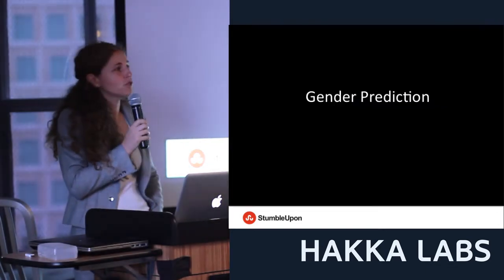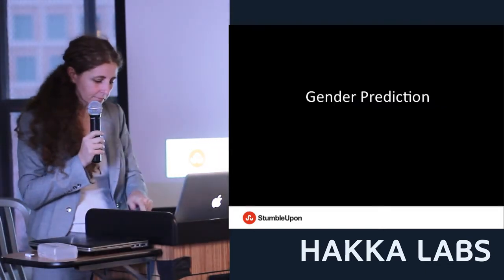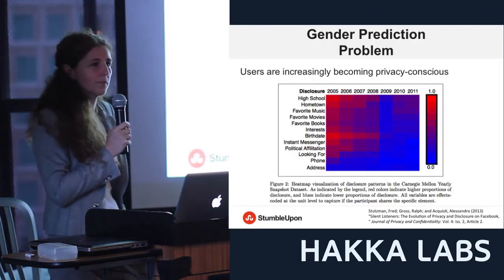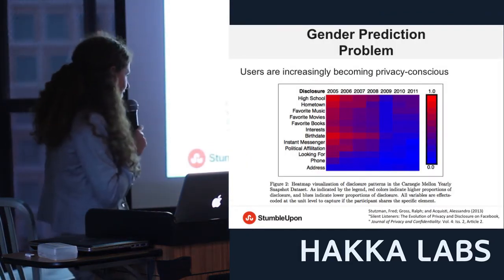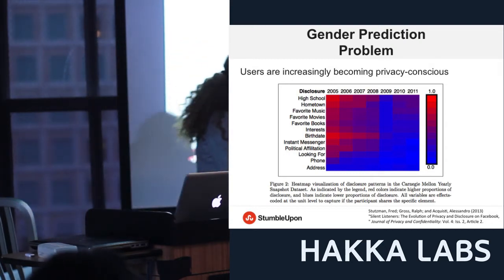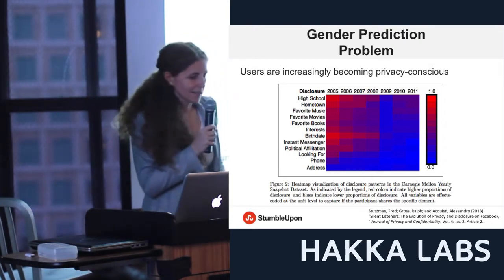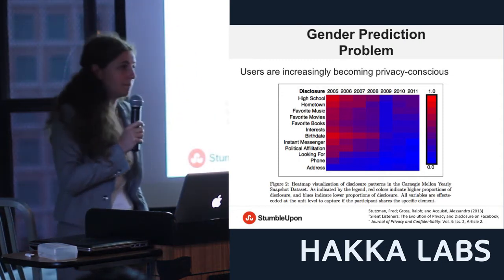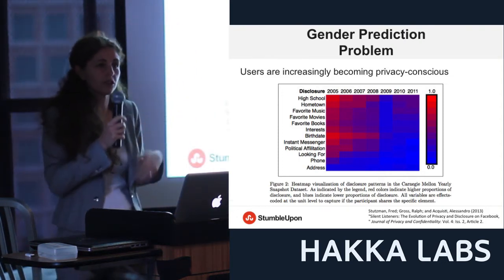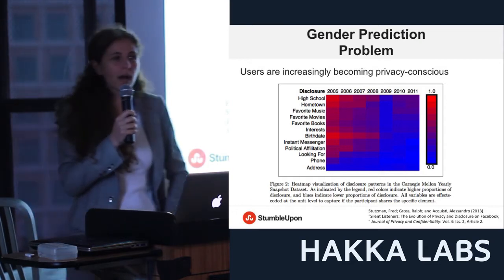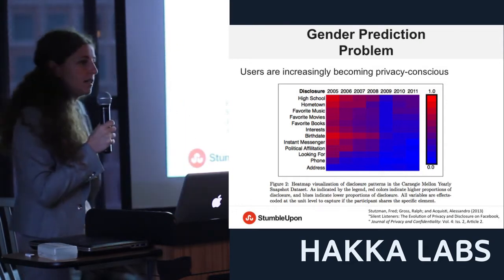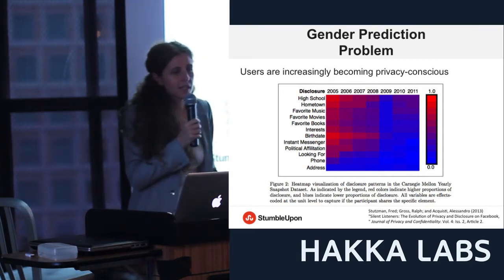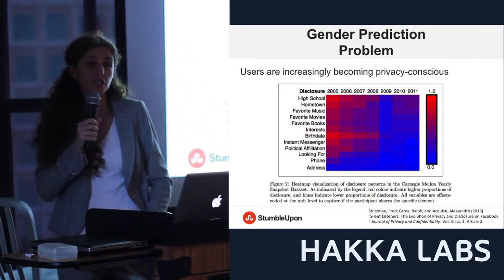So, the problem of gender prediction. Reading some literature recently, I found this recent paper, 2013, that analyzed how the way people disclose personal information on the web has changed since 2005. And they noticed that there is a shift.